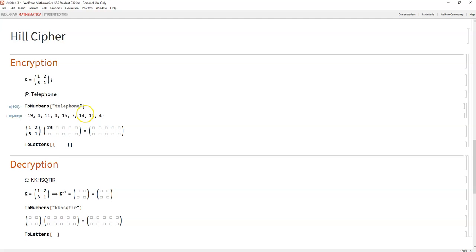So my first column would consist of 19 and 4, and then 11 and 4, and then 15 and 7, and then 14 and 13, and then 4, and unfortunately telephone has an odd number of characters, so we just throw on a random character. I'm essentially going to throw on the letter X.